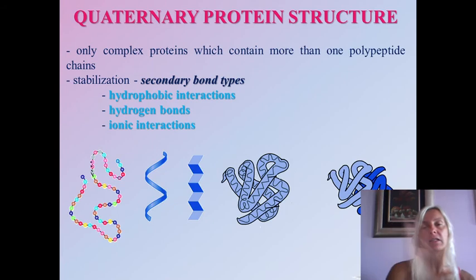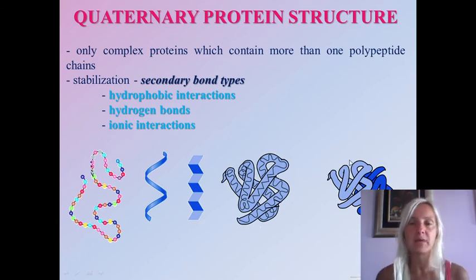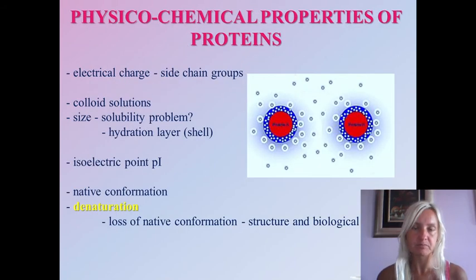You will find a little bit of alpha helix, then a little bit of beta pleated sheet, and so on and so on, like in this figure. The final shape of the strand in space is described by tertiary structure, and if a molecule contains two or more polypeptide chains, the relationship between them is described by quaternary structure.